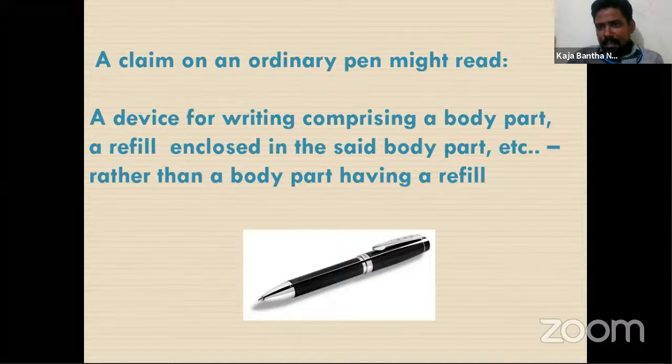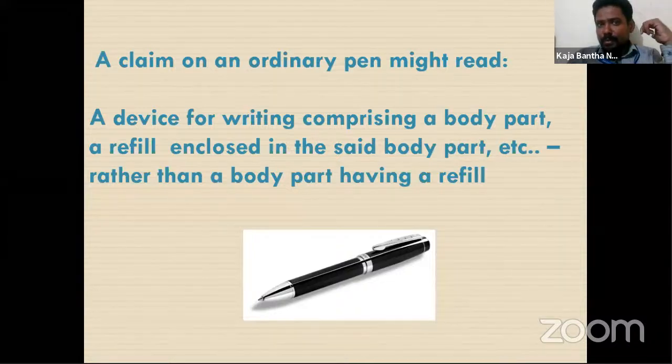And see the pen: you can claim it differently, a device for writing. The pen's objective is to write. A device for writing comprising a body part, a refill enclosed in the body part, and so on.